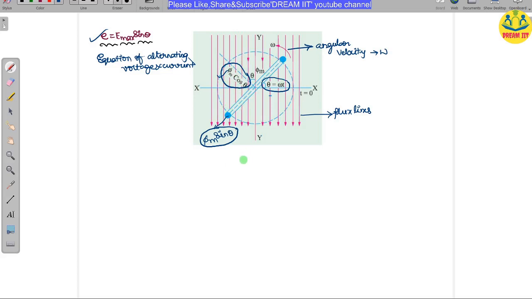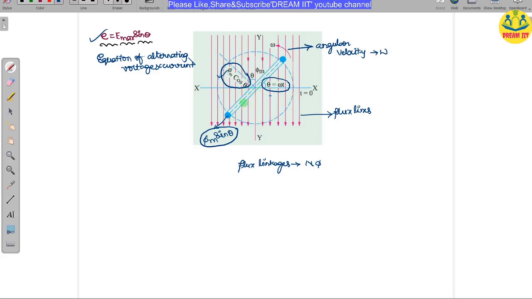So let us write the two components. I already told you about flux linkages. We will write the flux linkages with the conductor. Flux linkages is N into phi, where N is the number of turns and phi is the flux. For phi we have two components, horizontal and vertical.